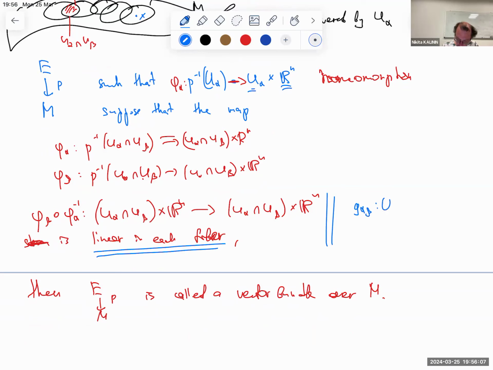This will be just a map from U alpha intersect U beta to GL n R. Right? So that's exactly what happens here, because for every point we must show the linear map from Rn to Rn. So it means that for any point of the intersection, there is a linear map from Rn to Rn.